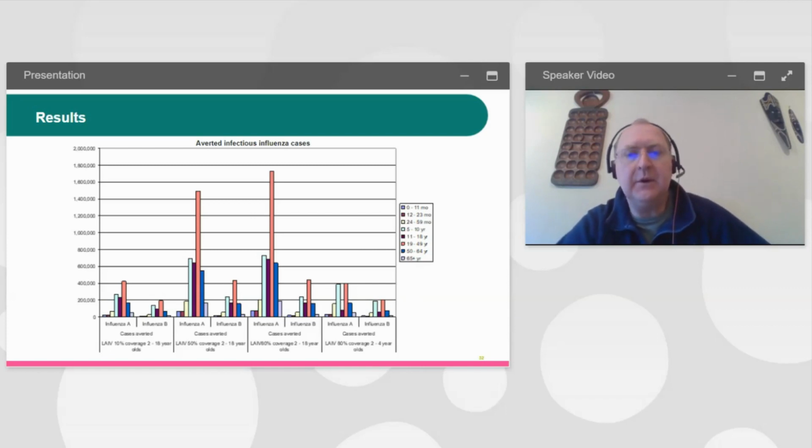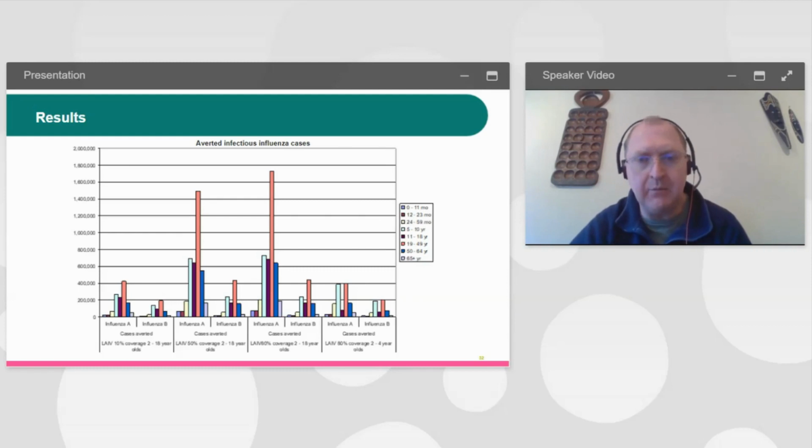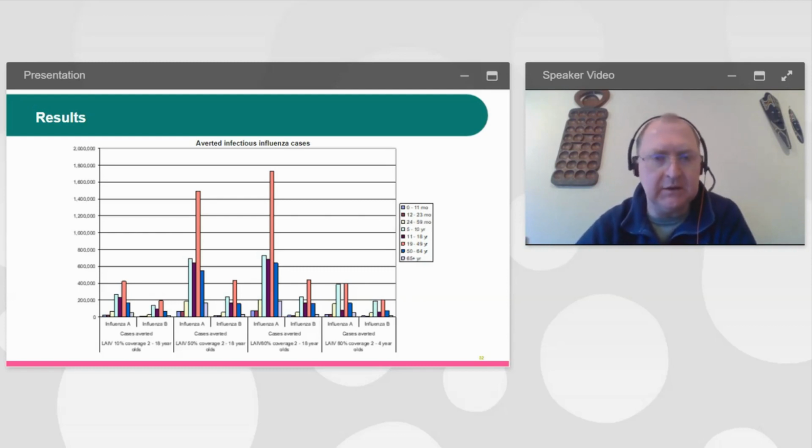It thereby very clearly demonstrates the importance of capturing the dynamic impact of the prevention of secondary cases, which a dynamic model will provide and a static model will miss.